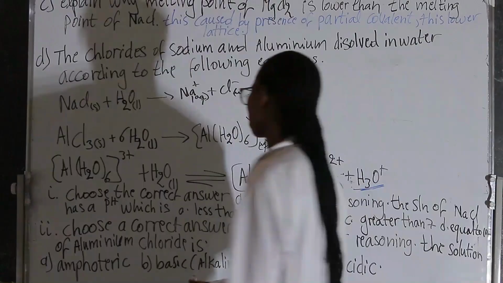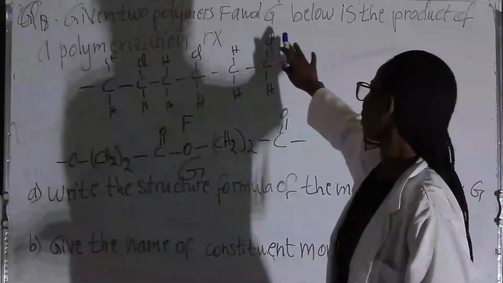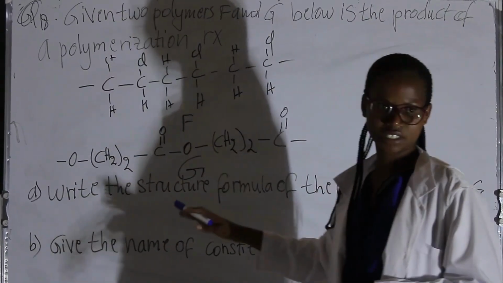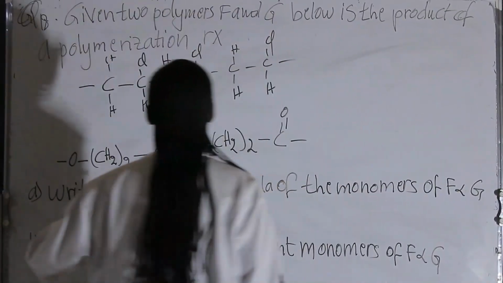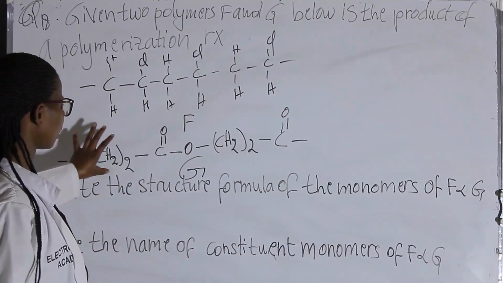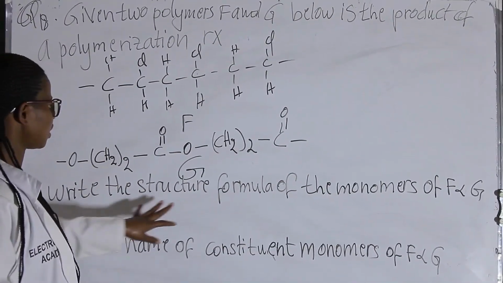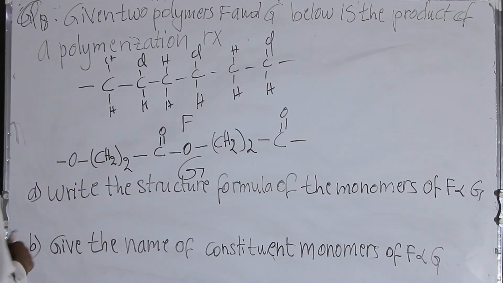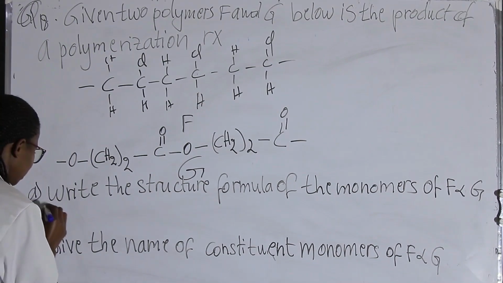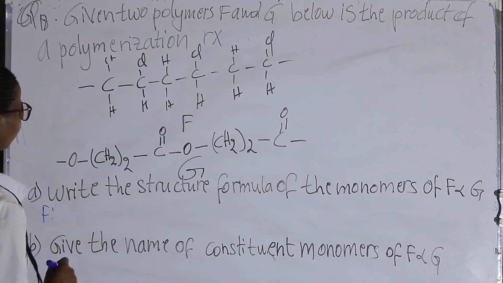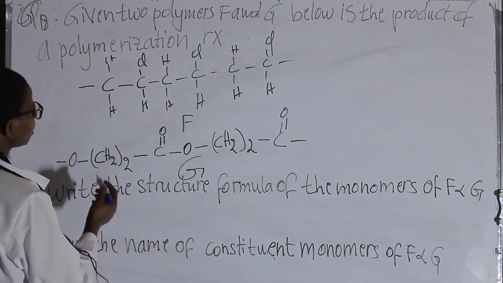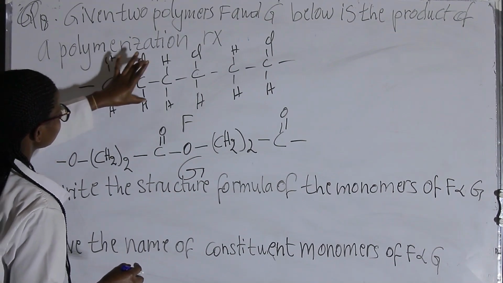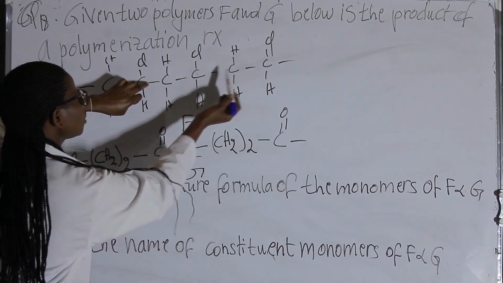Then let's move on to question 18. F and G are the products of polymerization reactions. The first polymer is this one, the second polymer is this. Write the structural formula of the monomers of F and G. For F, as you see, when I choose the repeating unit here, the repeating unit is this, up to here, then this and this.